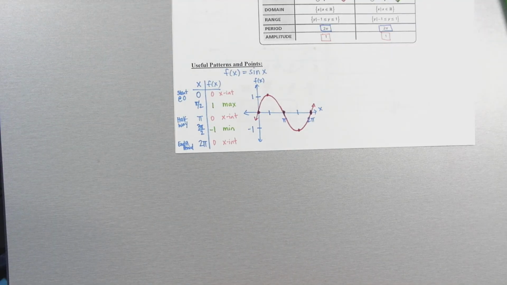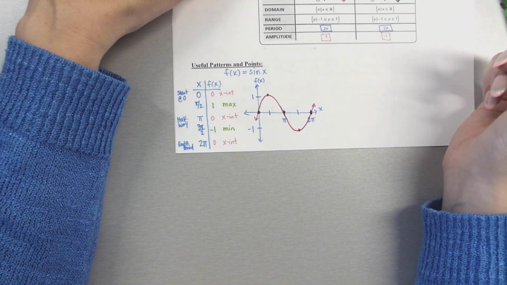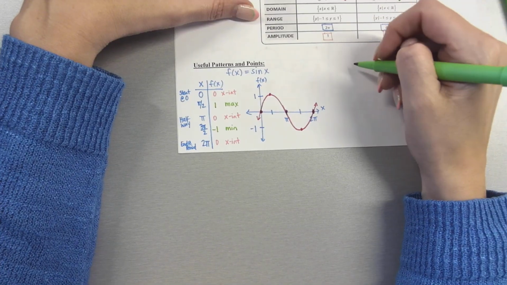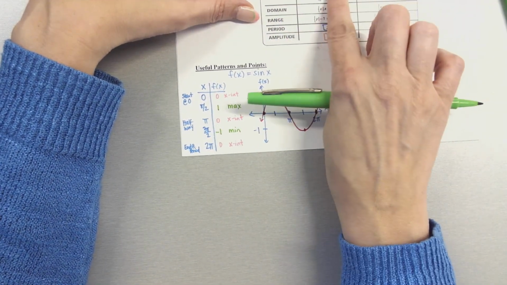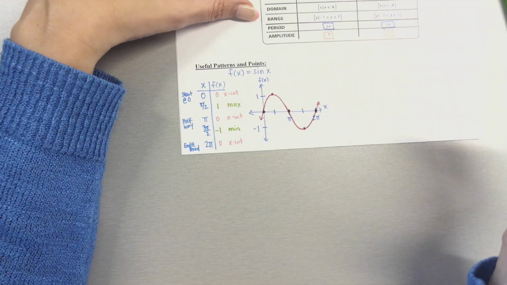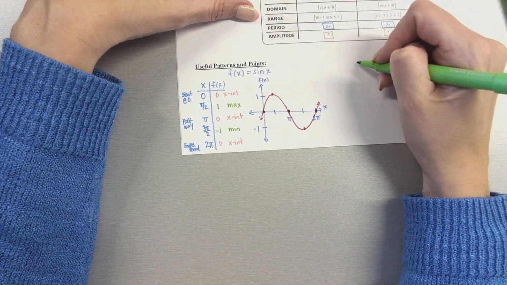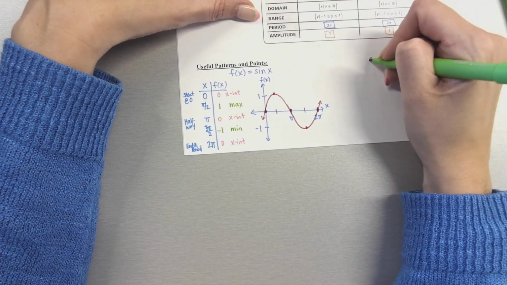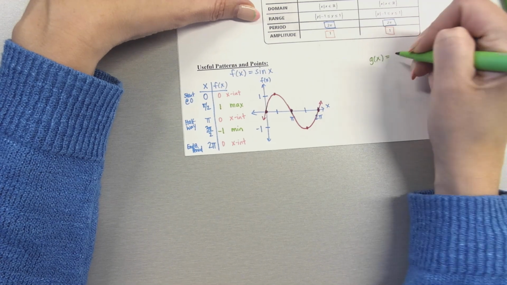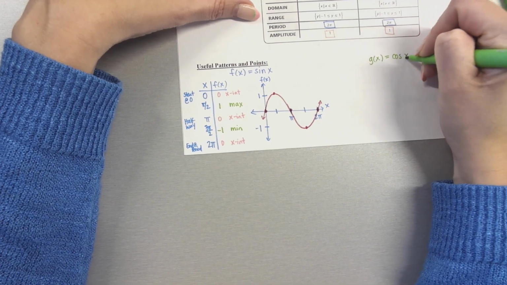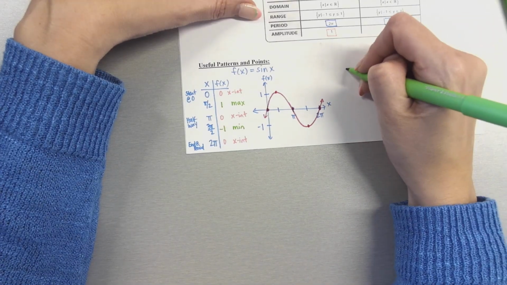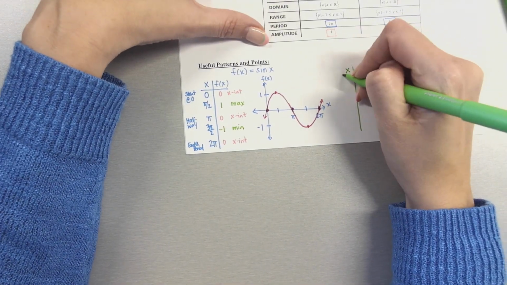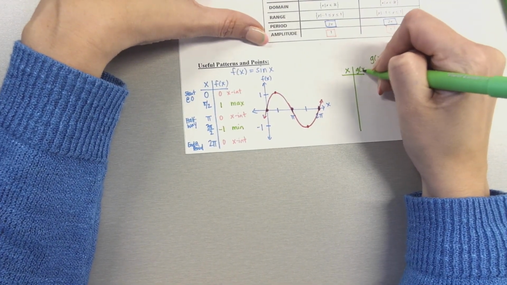Now we're going to talk about the graph of cosine, which is a little bit different. So sine and cosine, if you were to translate this graph over, they would line up perfectly. We'll call this one g of x. So g of x is equal to the cosine, so we're going to have x, and we're going to have g of x.